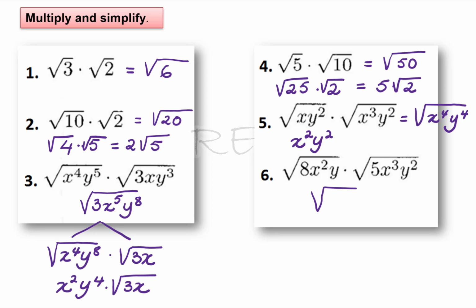We're going to put everything together. 8 times 5 is 40. X squared times x to the 3rd is x to the 5th. Y times y to the 2nd is y cubed.